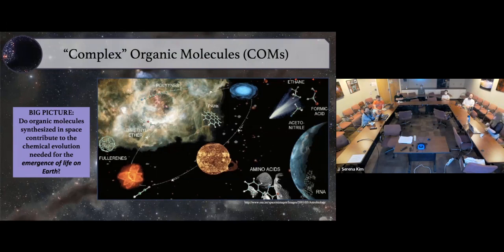These complex molecules are not signs of life, but they are important for making simple sugars that will be important for DNA and RNA and things like that. So the question remains, do these molecules that are synthesized in space contribute to the chemical evolution and emergence of life on Earth?